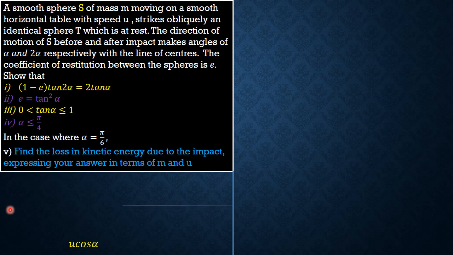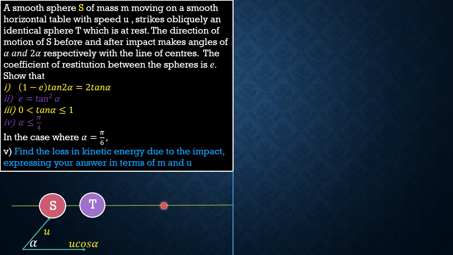Let's just look at how everything looks. Let's have the line of centers of the spheres. Let's have the first sphere, which we can call sphere S, and since sphere S was initially in motion, it collided with sphere T at some angle. Let's have our sphere T. Sphere S was moving with some speed, we can call that u, and it collided with sphere T obliquely at some angle alpha to the line of centers of the two spheres. Keep in mind, friends, that the line in green is the line of centers of the two spheres.